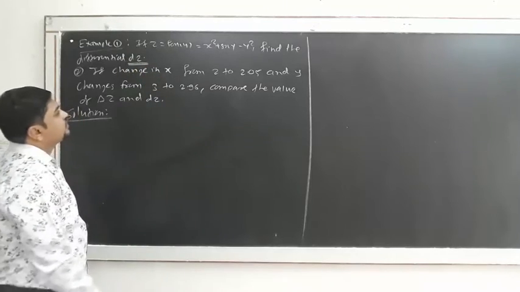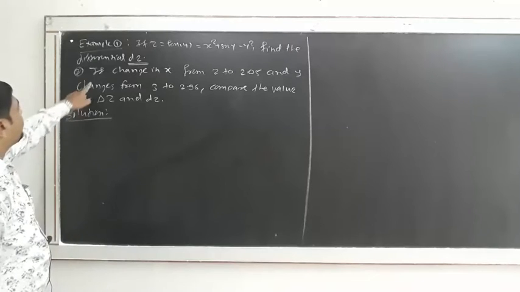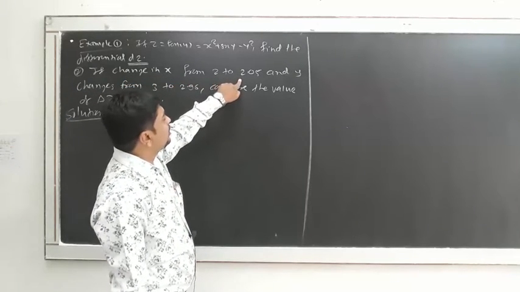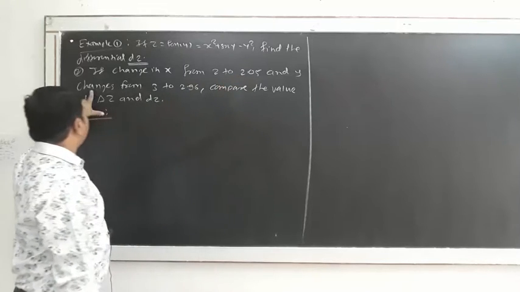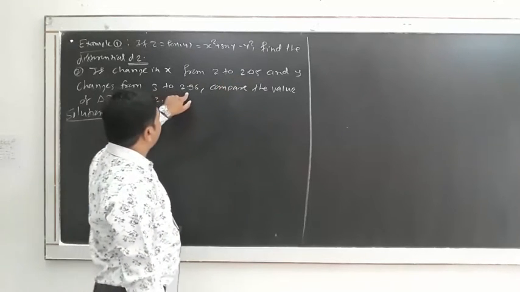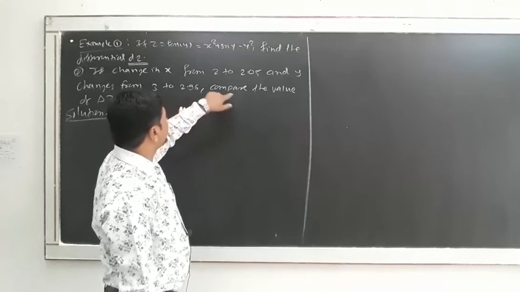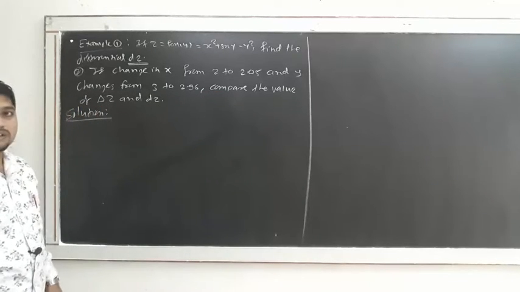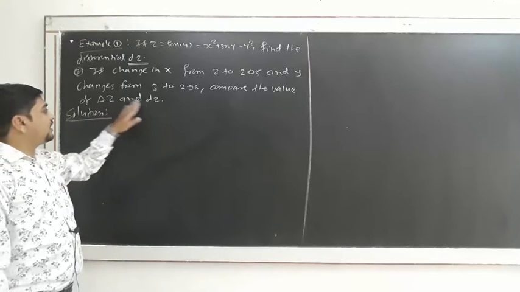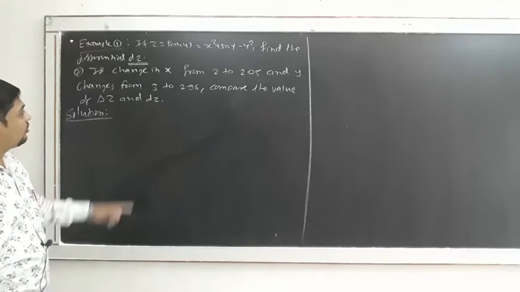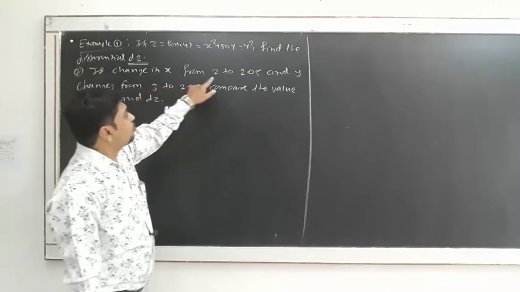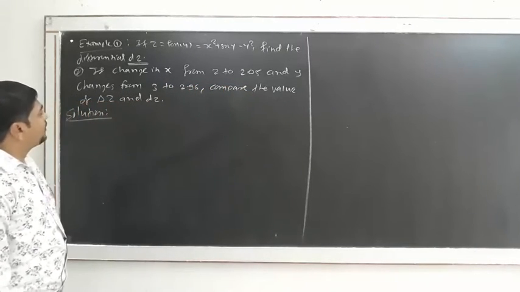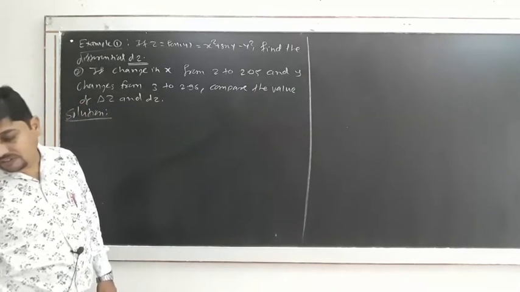Then the second question: if x changes from 2 to 2.05 and y changes from 3 to 2.96, compare the values of delta z and dz. That is, we have to find the values of delta z and dz.